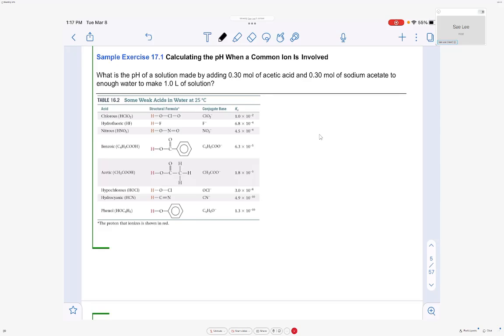In order to determine the pH of the solution, we need to find out the proton concentration in the mixture.